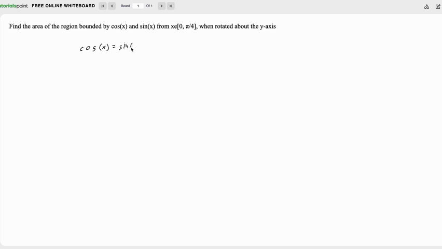Okay. And if I think about it for a second, I realize that through the unit circle, there's actually a point that relates these two functions where they do intersect. And that point would be at pi over 4, because cosine of pi over 4 is root 2 over 2, and sine of pi over 4 is also root 2 over 2. Okay?